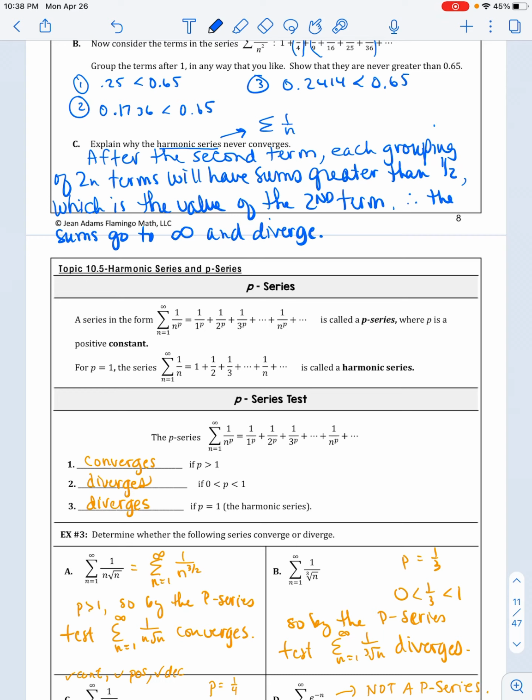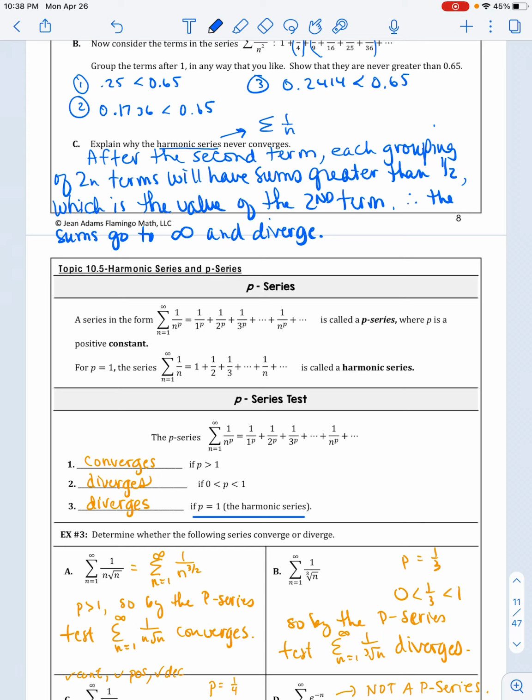Okay, our next thing is the p-series. A series in the form of summation n equals 1 to infinity, 1 over n to the p is 1 over 1 to the p plus 1 over 2 to the p plus 1 over 3 to the p, dot, dot, dot, 1 over n to the p is called a p-series, where p is a positive constant. For p equals 1, summation from n equals 1 to infinity, 1 over n, this is the harmonic series, and it diverges.